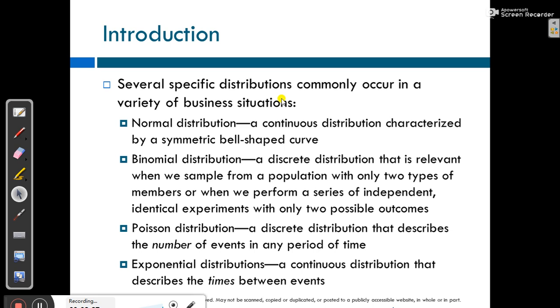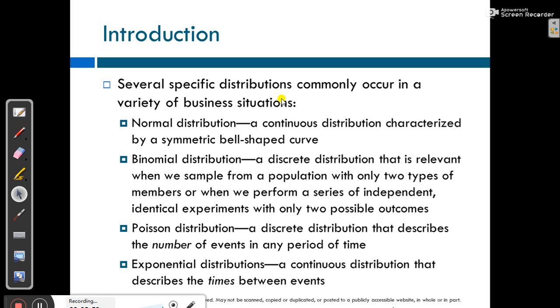Next one is Poisson distribution, a discrete distribution that describes the number of events in any period of time. To describe the number of events in any period of time, we can use Poisson distribution.